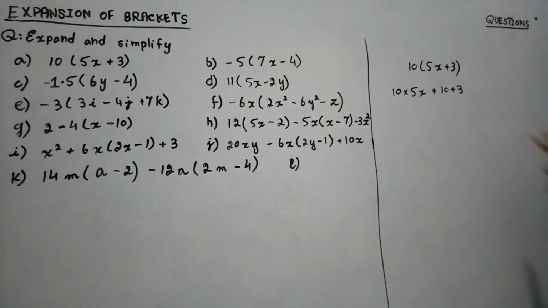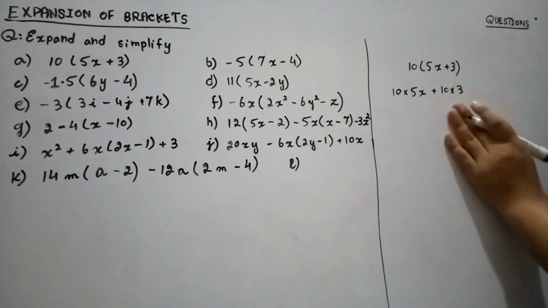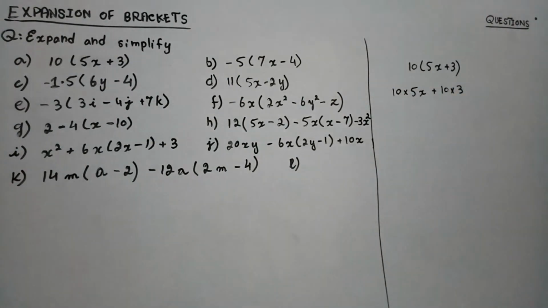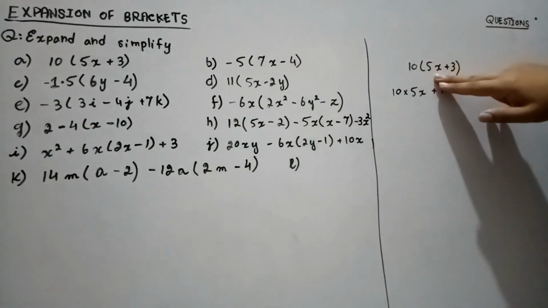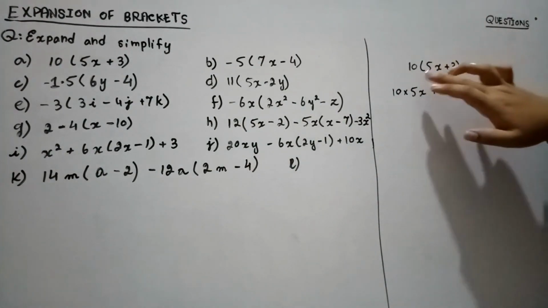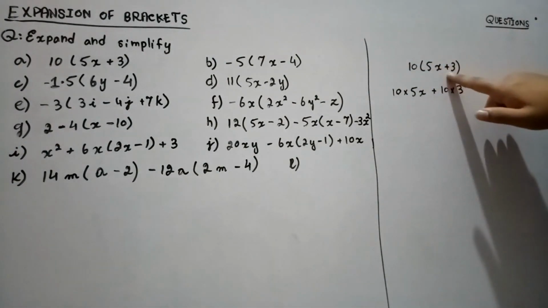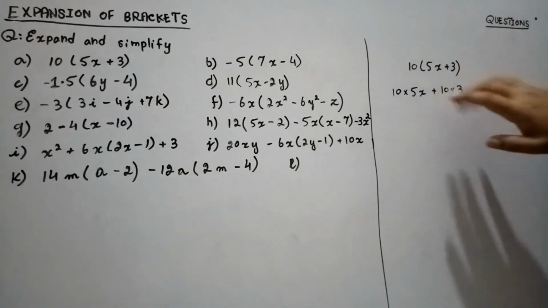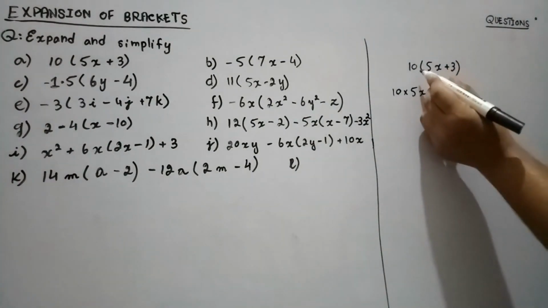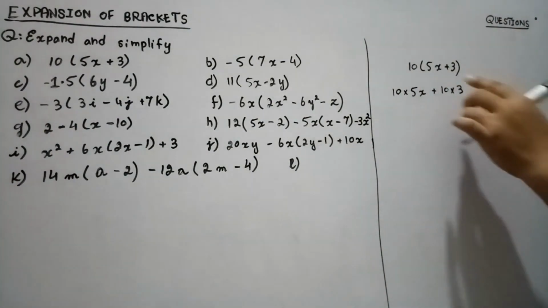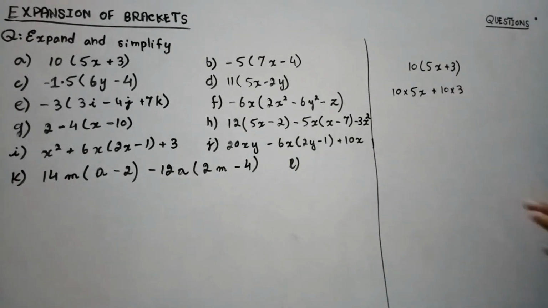If I write this positive sign as it is and ignore it, this 10 is going to multiply by 3.